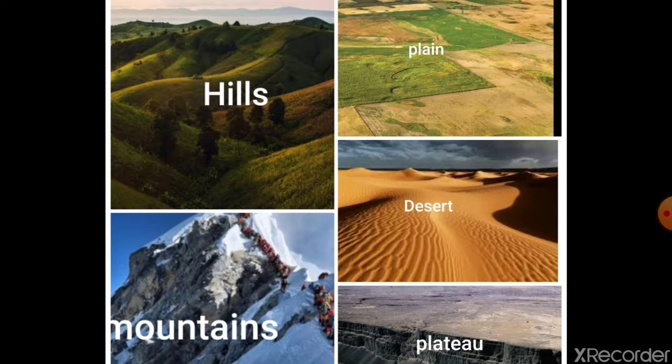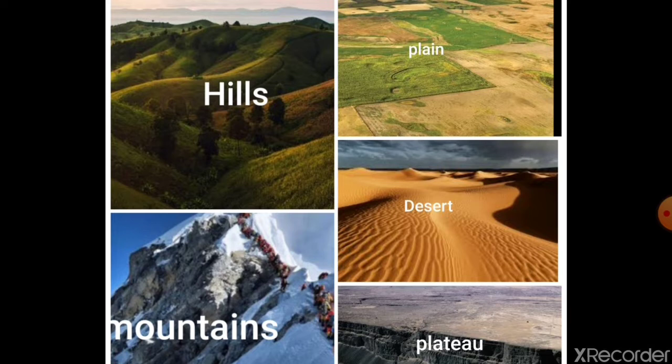A long stream of water that ultimately flows into the sea is called a river. Yes, student. What is a tributary? A small river that joins a main river is called a tributary. And distributary, the channels into which a main river breaks up, that is called a distributary.